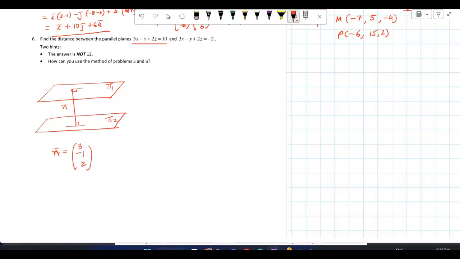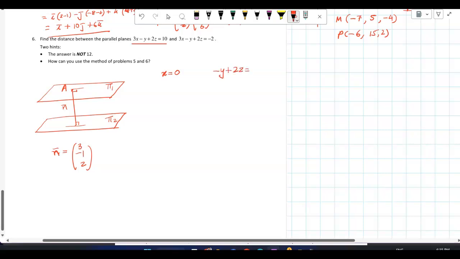Correct. Now can you assume any point A on pi 1? X, Y, Z. But can you assume a specific value? You can. So suppose I take my x as 0, then minus y plus 2z is equal to 10. Now suppose I take my y as 1.